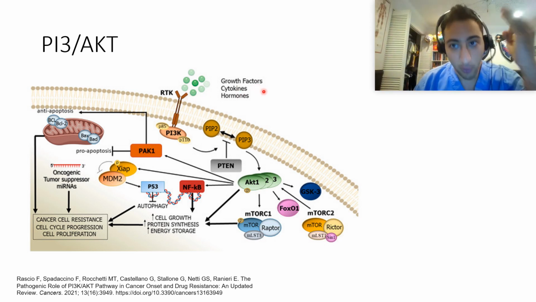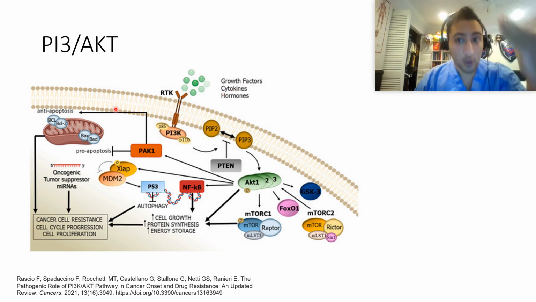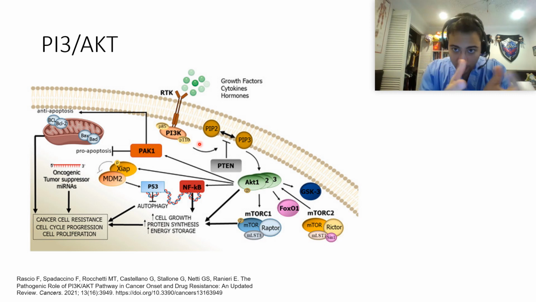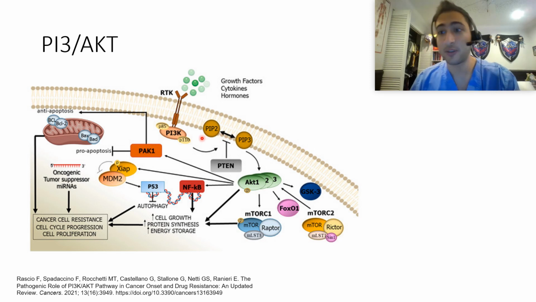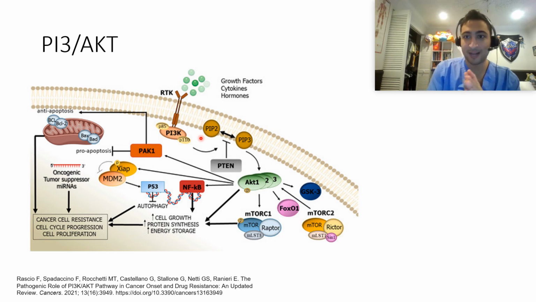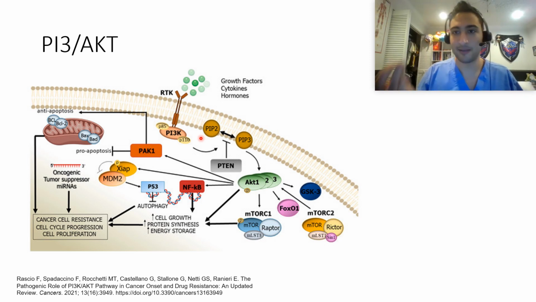Normally, you get a growth signal that recruits PI3K, and then PI3K is phosphorylated and activated, and then it will transform PIP2 into PIP3, phosphatidylinositol trisphosphate. That's why it's called phosphatidylinositol 3 kinase, because it's going to catalyze the conversion of PIP2 into phosphatidylinositol trisphosphate, or PIP3.